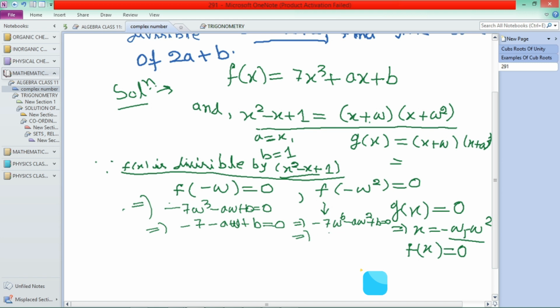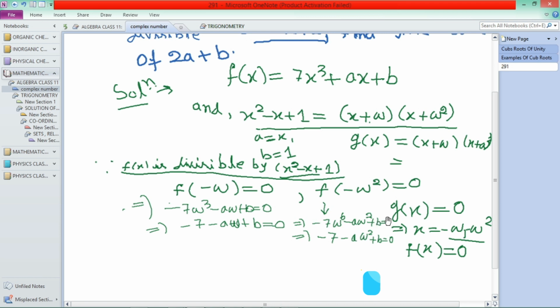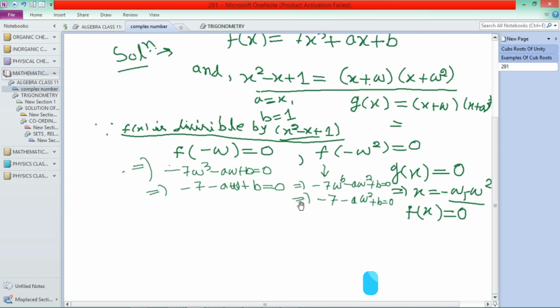So omega cube equals 1, and 1 whole square equals 1, giving minus 7 minus a omega square plus b. From these two equations, we are able to get the value of a and b.